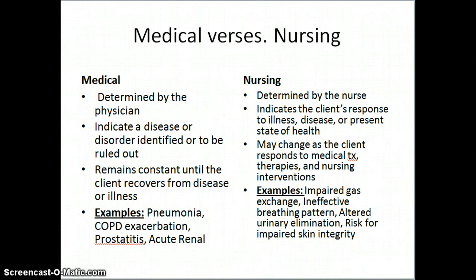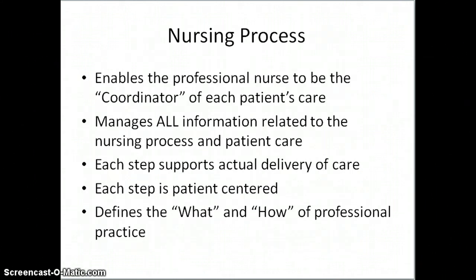Our examples are things like impaired gas exchange. A patient with pneumonia might have impaired gas exchange, and that's how we write our nursing diagnosis. A patient in acute renal failure might have altered urinary elimination. So you can see we've paired the sides of those up together.